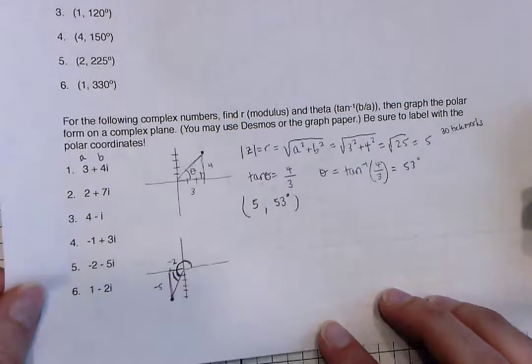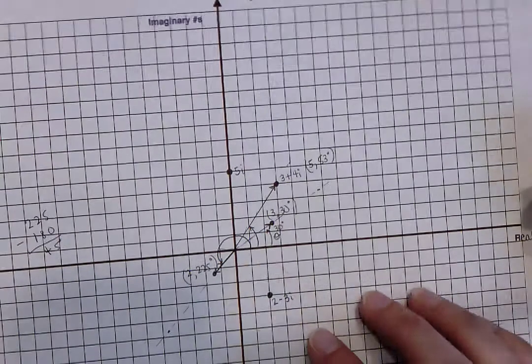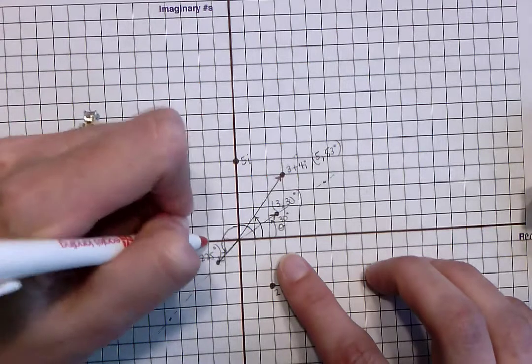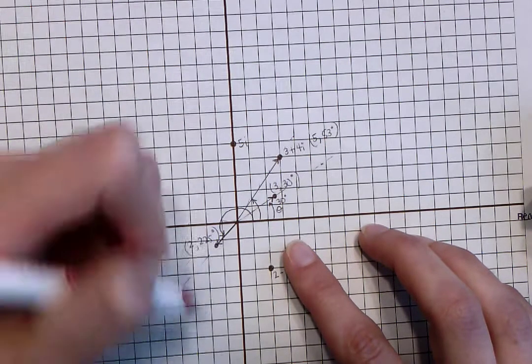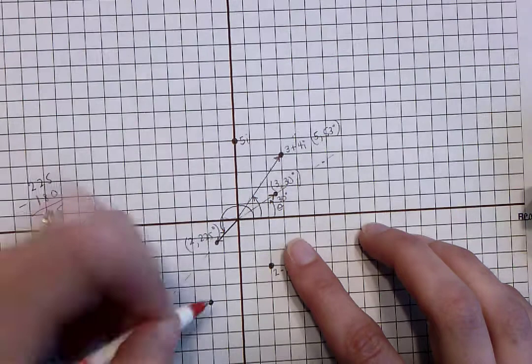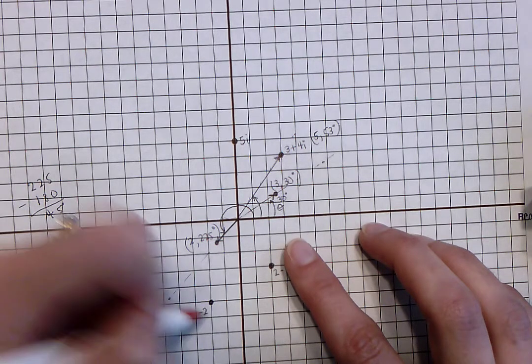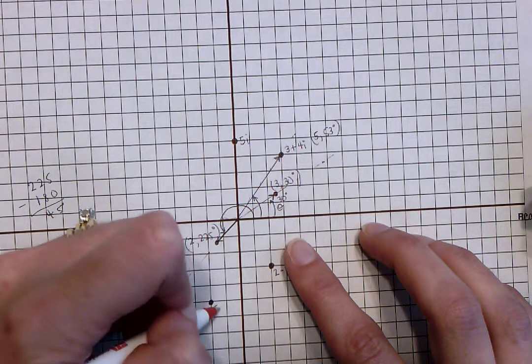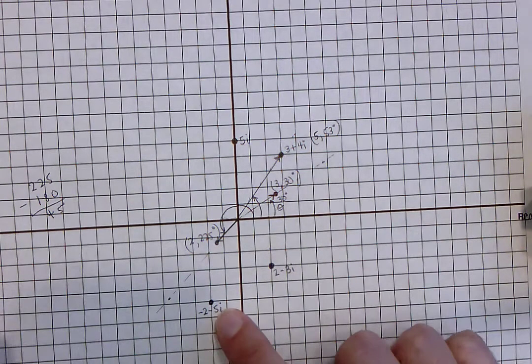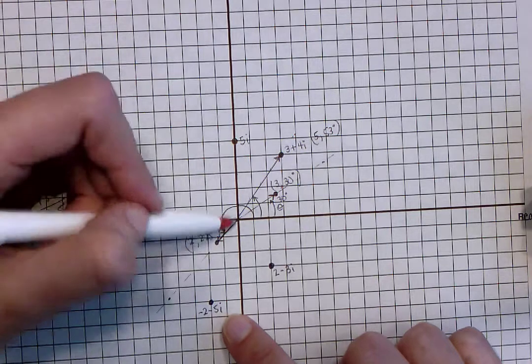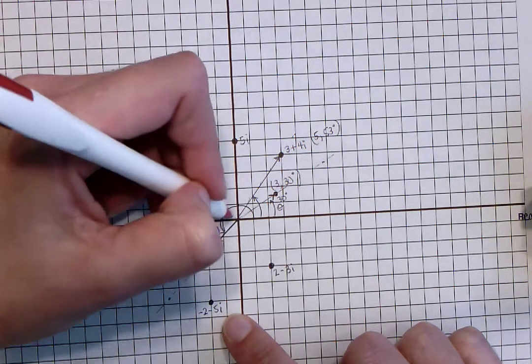So let's graph that on here again. So -2 and then -5. 1, 2, 3, 4, 5. So there's -2 minus 5i. And again, we're trying to find this angle all the way around.